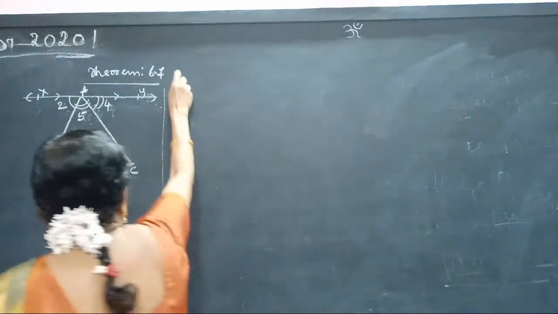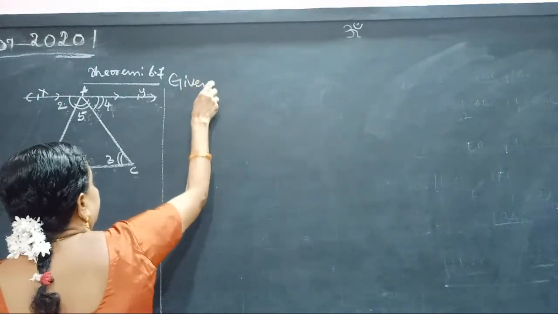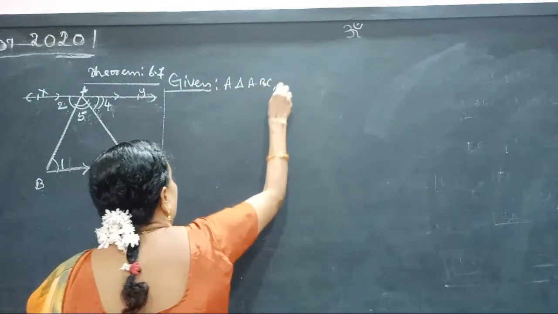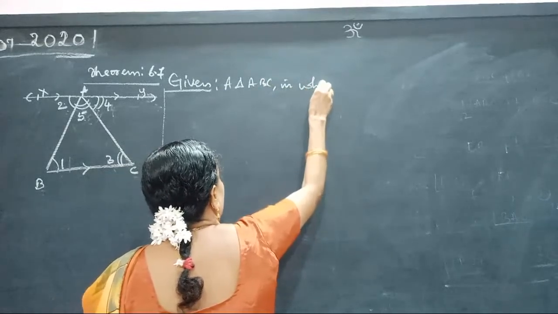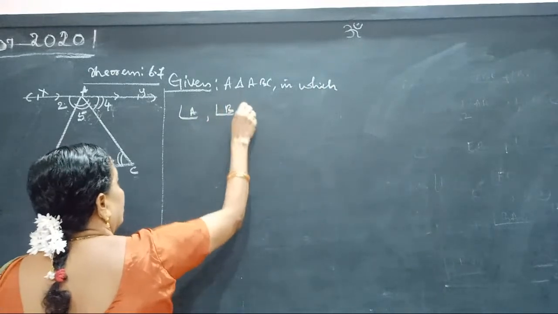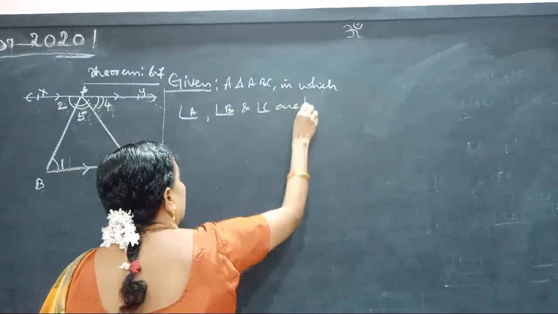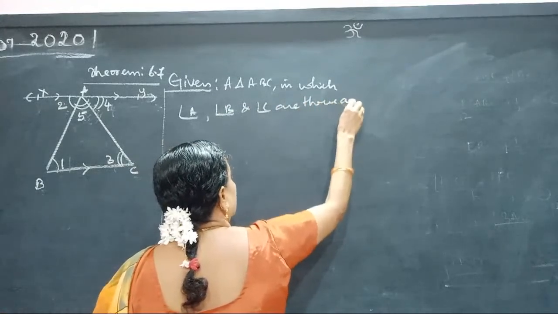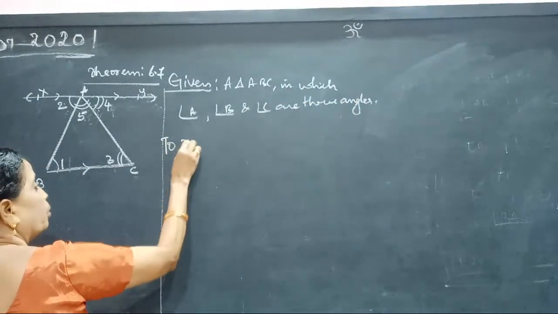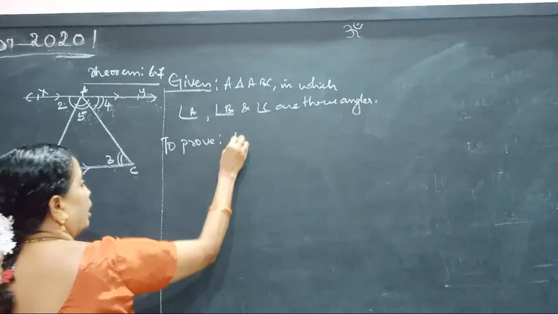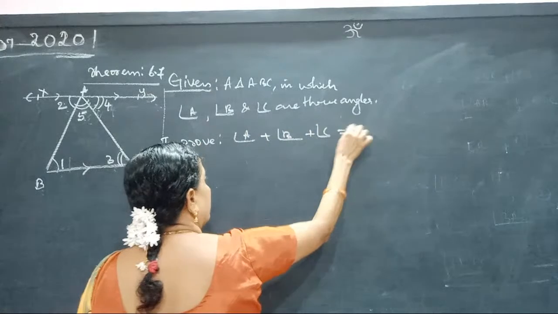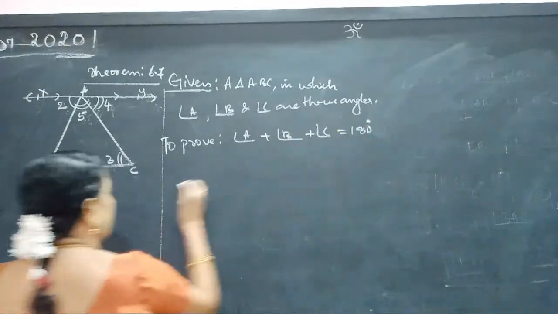So now here the first step is given a triangle ABC in which angle A, angle B and angle C are three angles. Next step, to prove angle A plus angle B plus angle C equals 180 degrees.